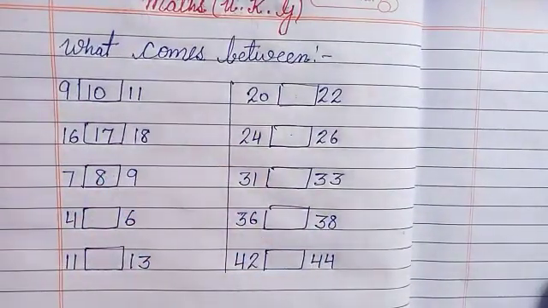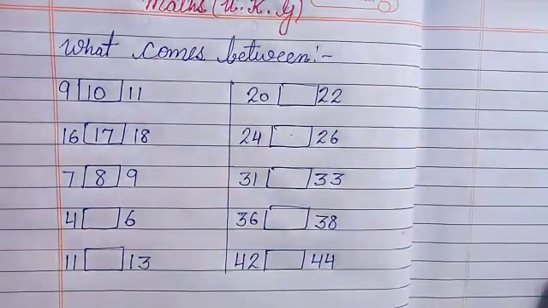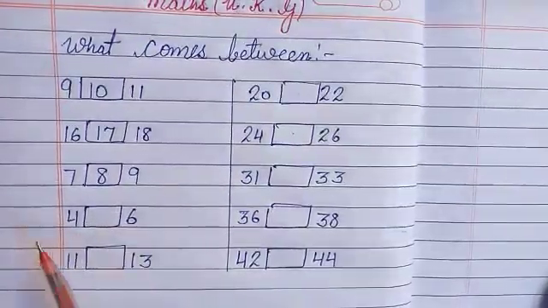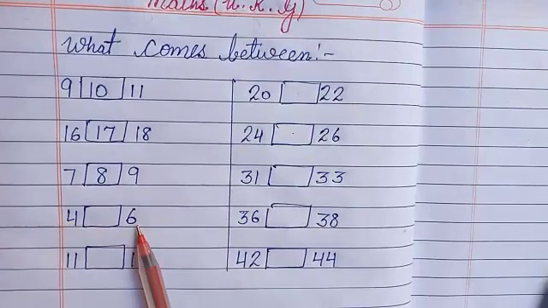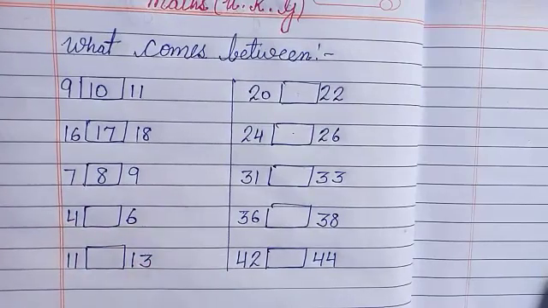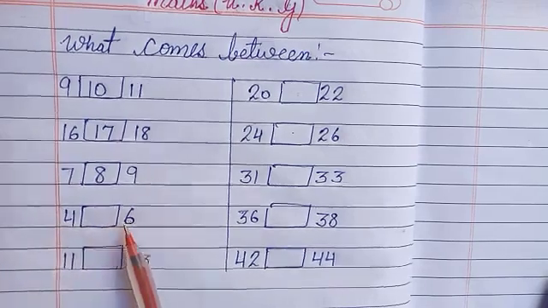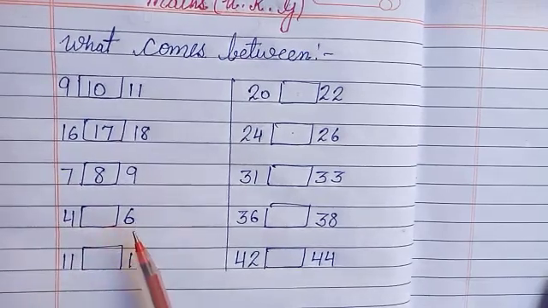Understood? Okay. Now I am going to solve the next question. Here are 4 and 6. Which number will come between 4 and 6? Again I repeat it.